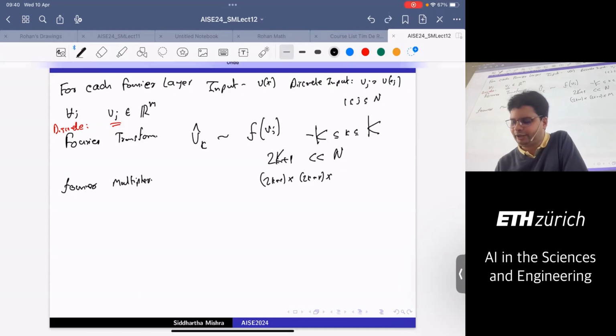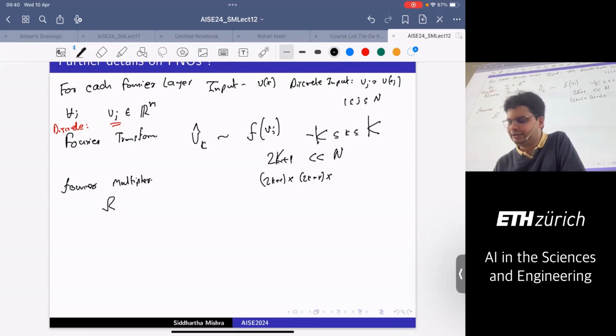Then you have the Fourier multiplier R, which is going to take these values, and I made a mistake. Give me one sec. It's 2K plus 1, of course, 2K plus 1 times m. And then this Fourier multiplier matrix, you really do it in terms of a tensor.